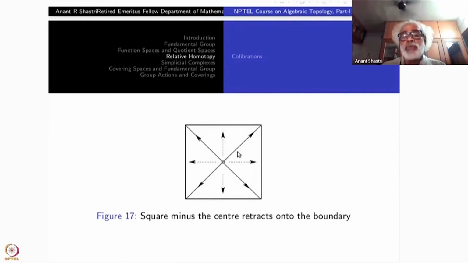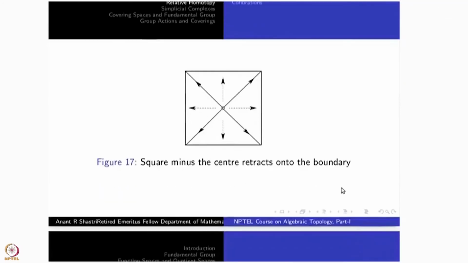They will agree here, they will agree here, and so on. So they will give you one single continuous deformation, a homotopy, from this entire filled square minus the center point to the boundary. During this homotopy, the boundary will not move.